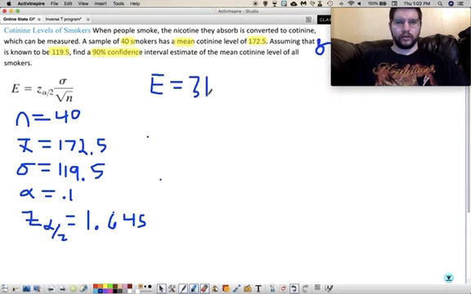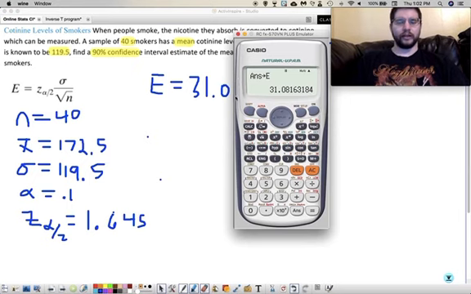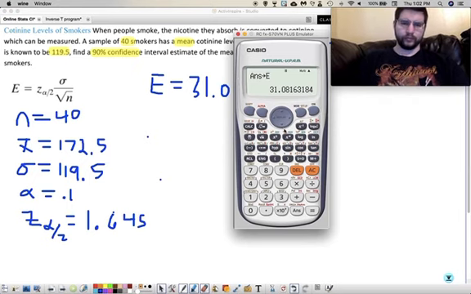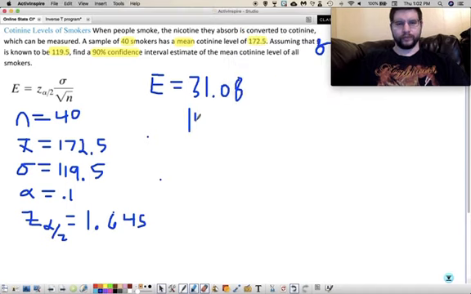And 31.08. Then 172.5 minus our error, 141.4. They give us X bar to the tenth place, so we're rounding to the tenth place.